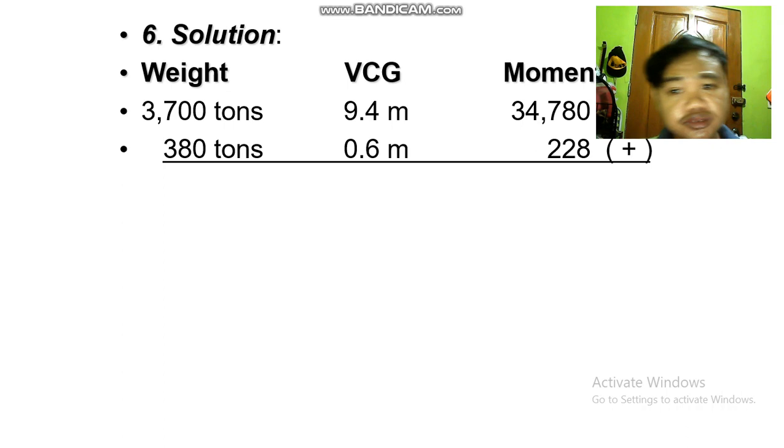So we have 34,780. Then the weight that has been added to the ship is 380 tons, and its VCG is 0.6 meter according to the problem. To obtain the vertical moment, you just multiply, so the answer would be 228.